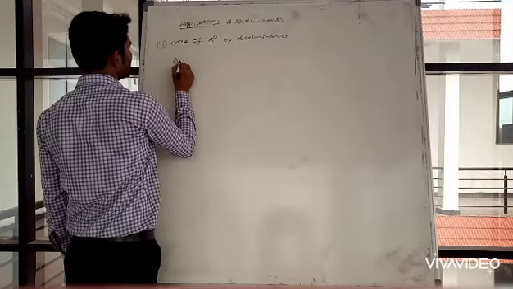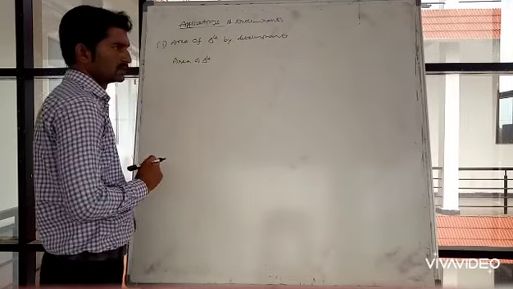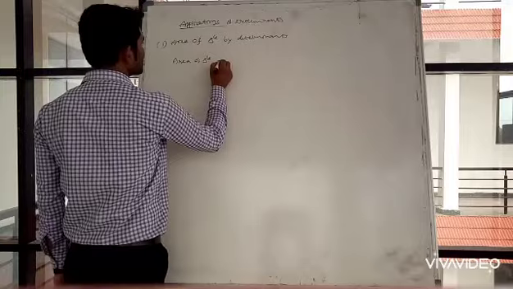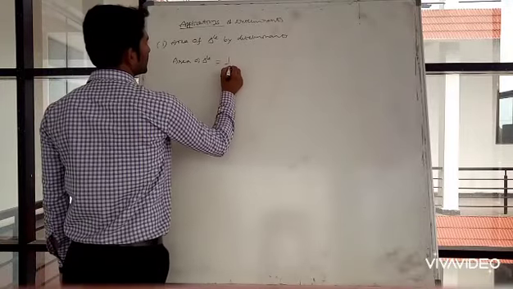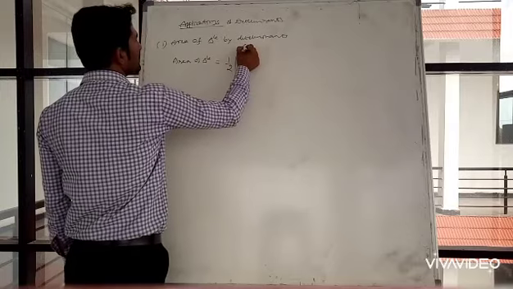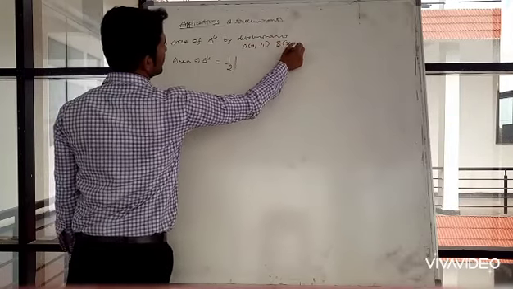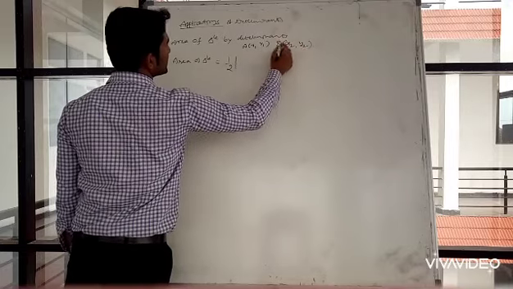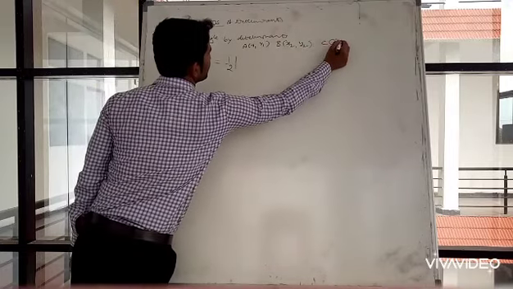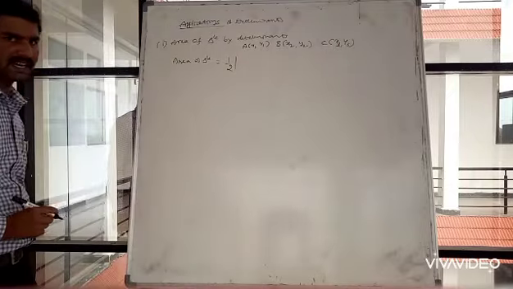The area of the triangle, if 3 vertices are given, can be calculated by using this formula. Suppose A is x1 y1, B is x2 y2, and C is x3 y3. These are the 3 vertices of the triangle.